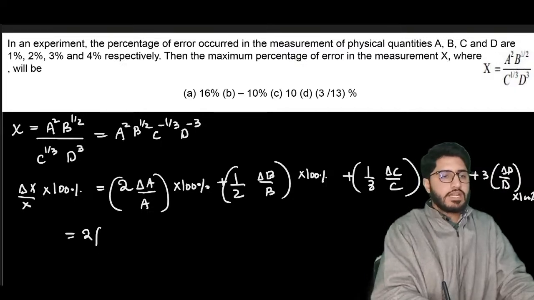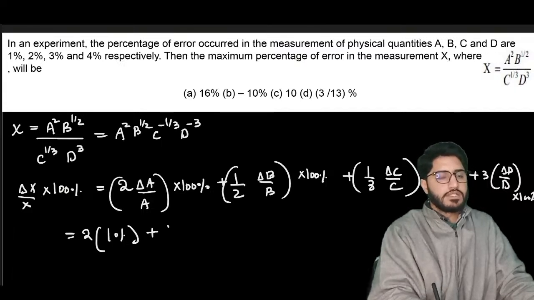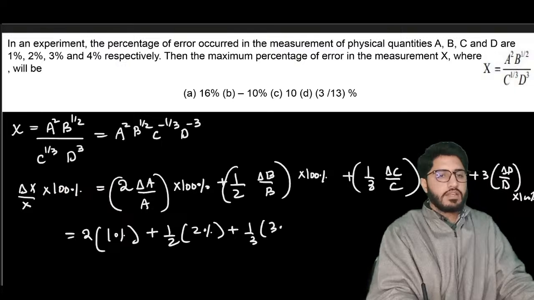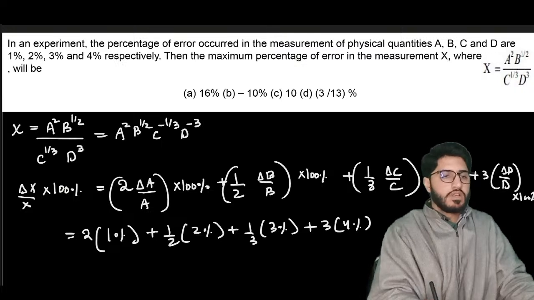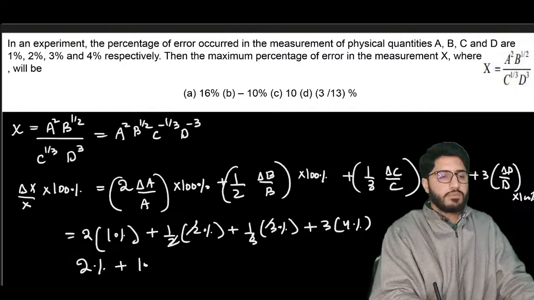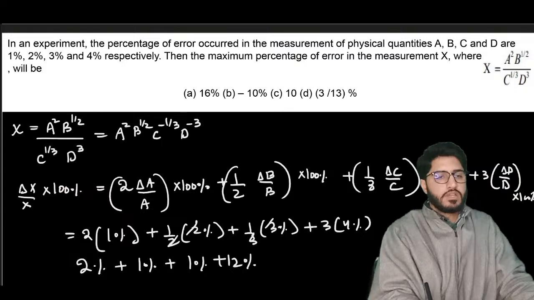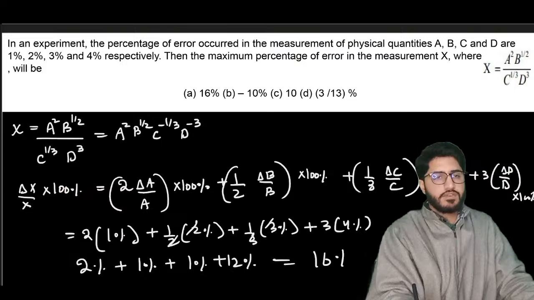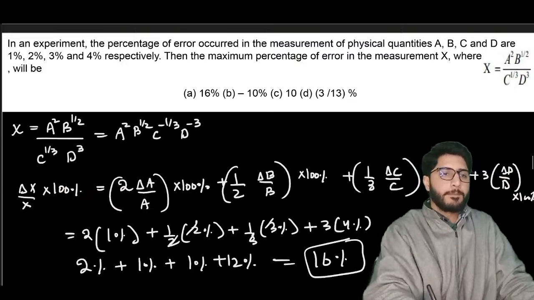So what is this percentage? I can write this 1% as given to me, plus 1 by 2 into 2%, plus 1 by 3 into 3%, plus 3 into 4%. The 2s cancel out, the 3s cancel out. So we have 2% plus 1% plus 1% plus 12%, which is 16%. So the answer is 16%, and option A is correct.